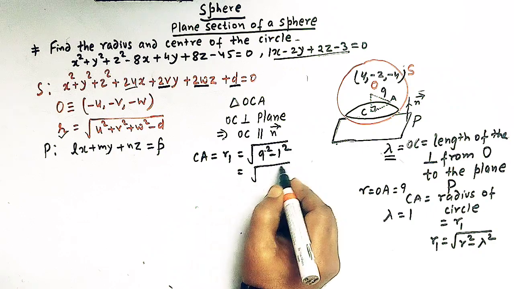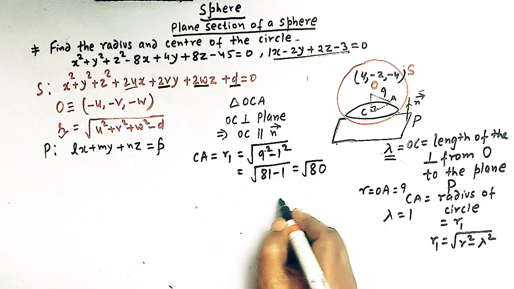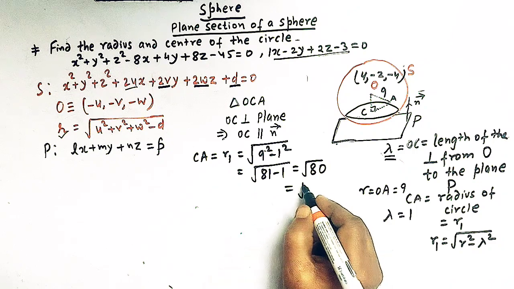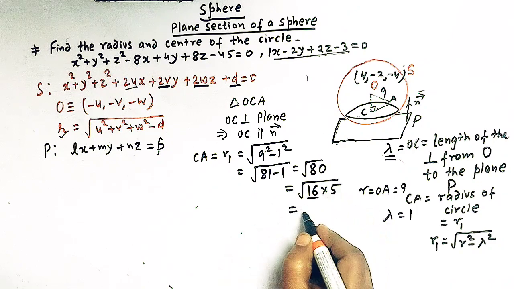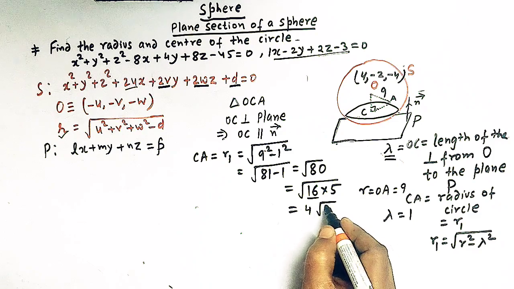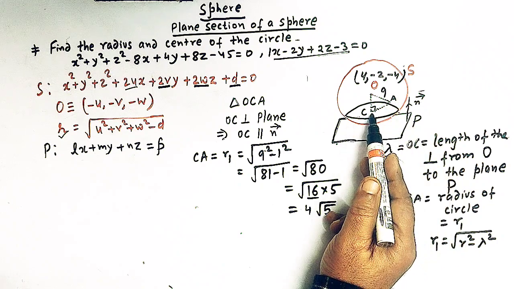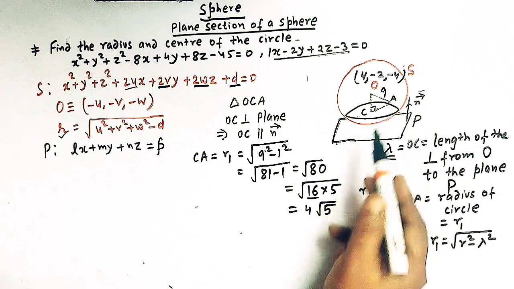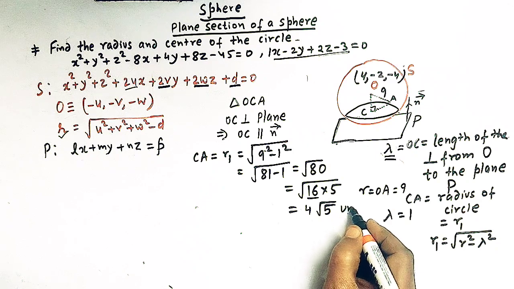So this is 81 minus 1, so this is square root of 80, and that is square root of 16 times 5. And from here we can take 4, and this is 4 root of 5, right? So the radius of the circle, that is CA, is given by 4 times square root of 5 units.